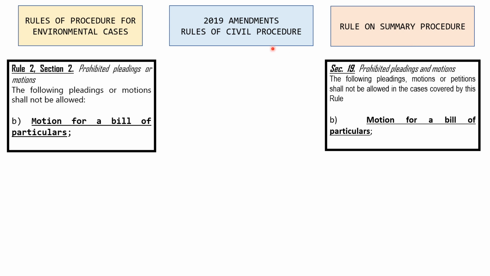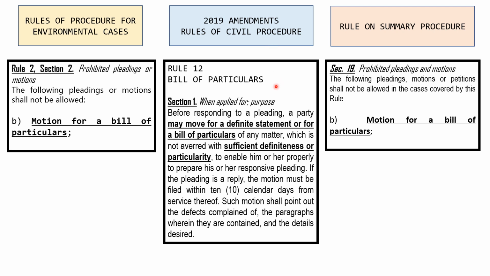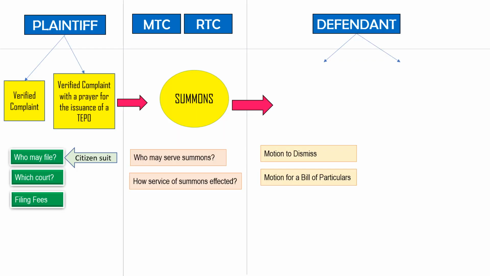Kung merong sasagot sa inyo ng that is also a prohibited motion, yan talaga yung time na mag-walk out yung professor nyo, especially if you are in your 4th year review, because obviously you did not read your Rule 12, your Bill of Particulars. Pag malabo ang isang pleading, the Rules of Civil Procedure allows you to file a motion for a Bill of Particulars. So motion to dismiss as well as your motion for a Bill of Particulars, they are not allowed in your environmental case.